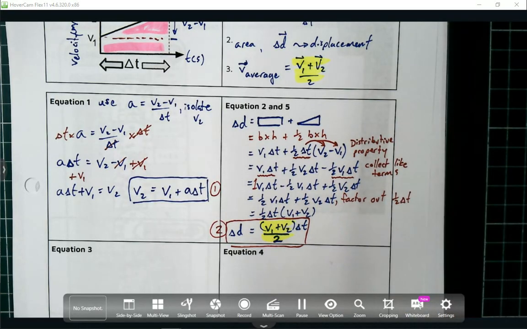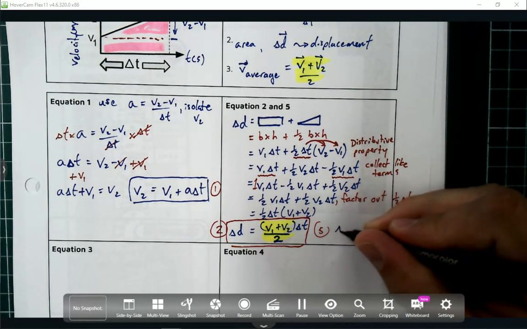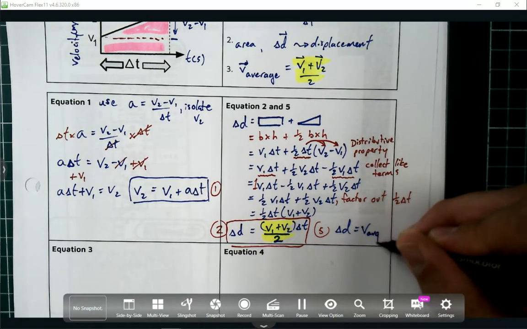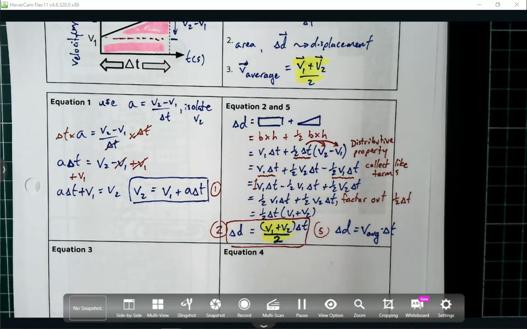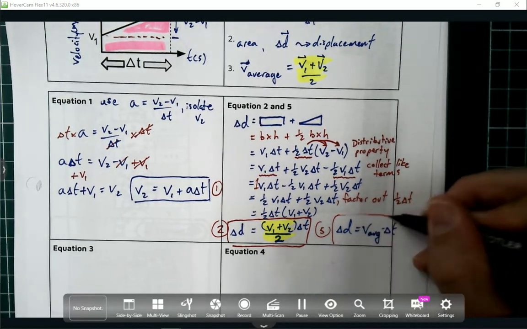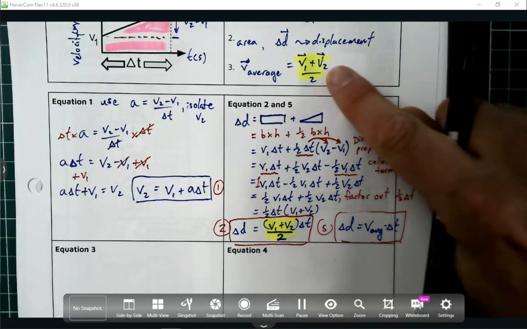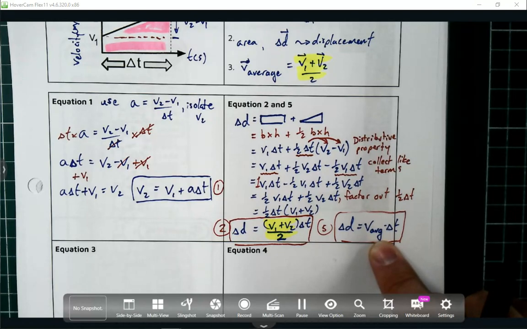I'll call it equation 5 just because I want to. But equation 5 could be written like this. Delta D equals V average, I'll just write it as VAVG times delta T. And really all I've done is taken this yellow thing, put it here to make a nice, cute little expression.